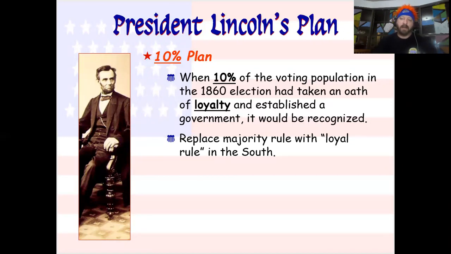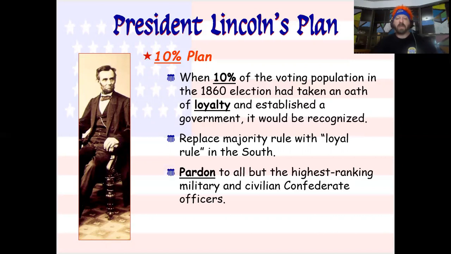But as you'll see, he's got some friends in the Republican Party that think a little differently on this. He would end up replacing a majority rule concept with loyalty rule in the South. So if you weren't willing to pledge your oath to the United States, then you couldn't participate in the process.